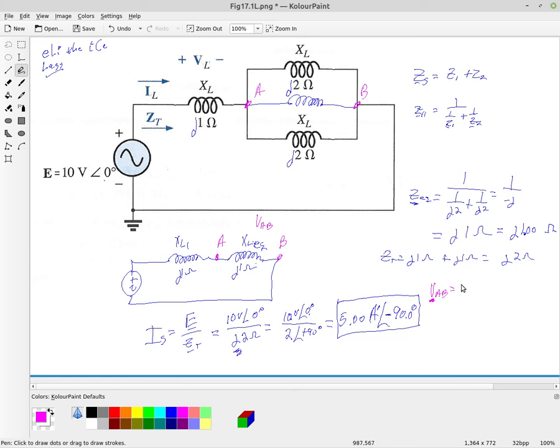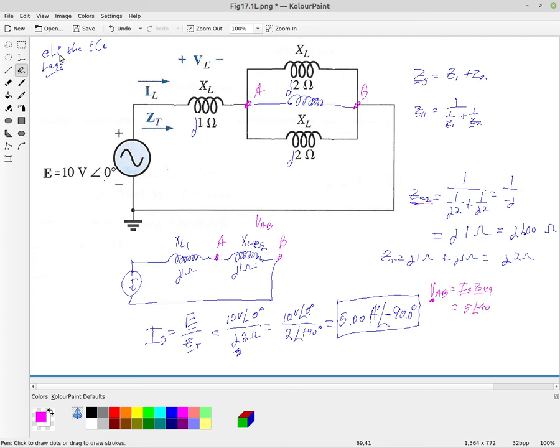VAB is the supply current times the equivalent reactance there. And again, we're at 5 amperes at an angle of minus 90.